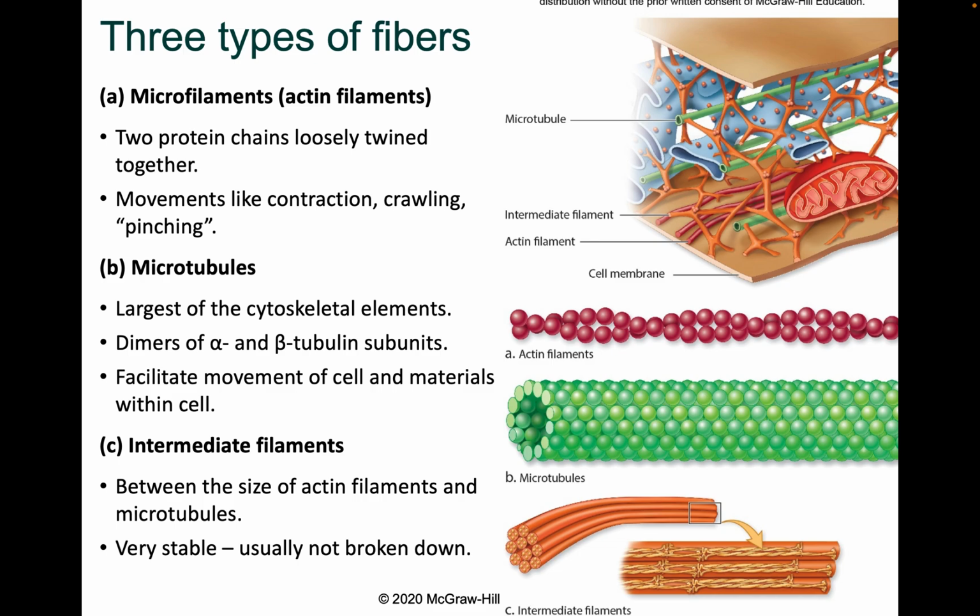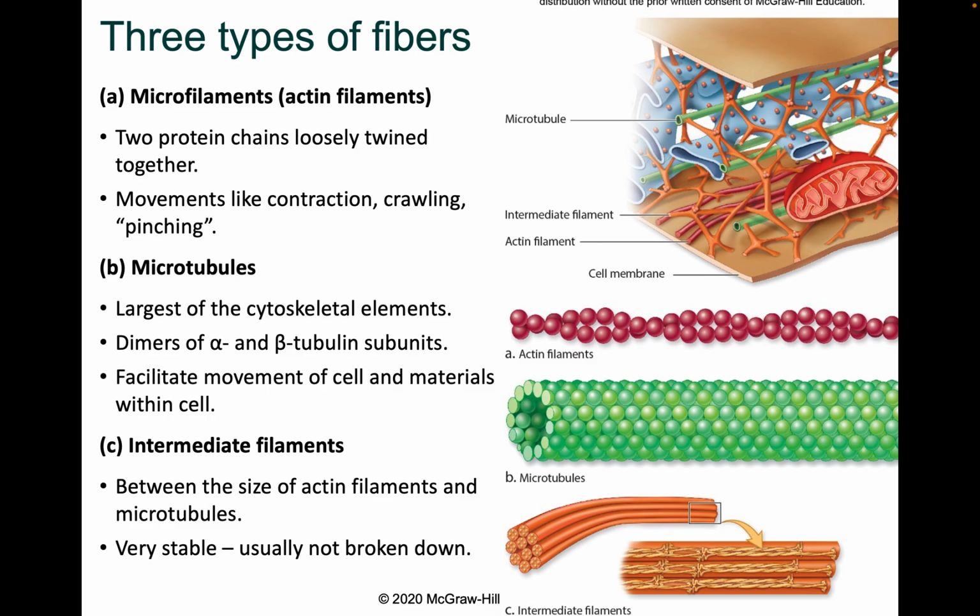So these are microtubules. You can think about them as kind of bridges. They're literally bridges that help cargo be transported from one place to the other. That's their biggest function. And then you have intermediate filaments. Intermediate filaments are a bit tougher than microtubules or microfilaments.